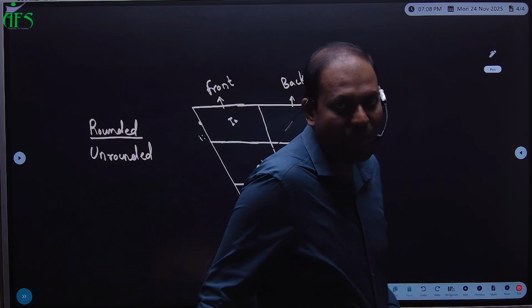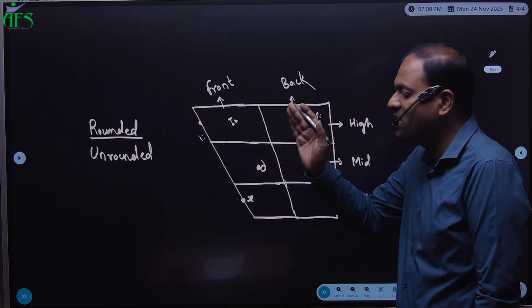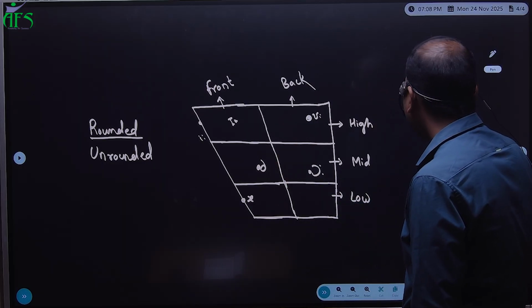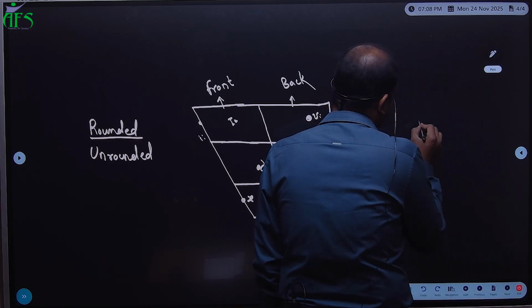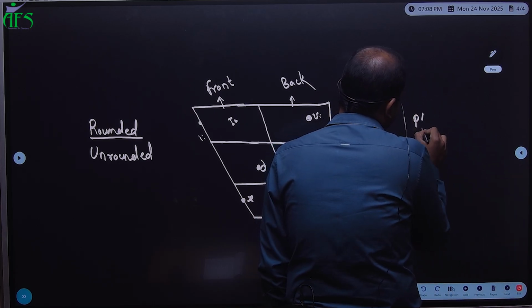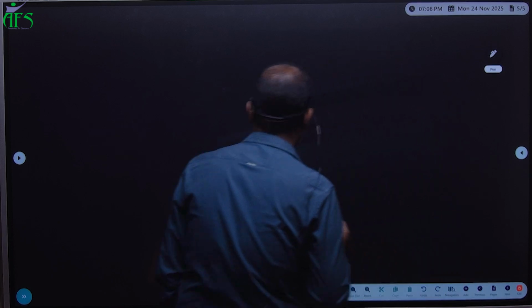In the same way, if you want to describe the consonant sounds, you have to utter, for example, the sound p. I'll describe the sound p here.